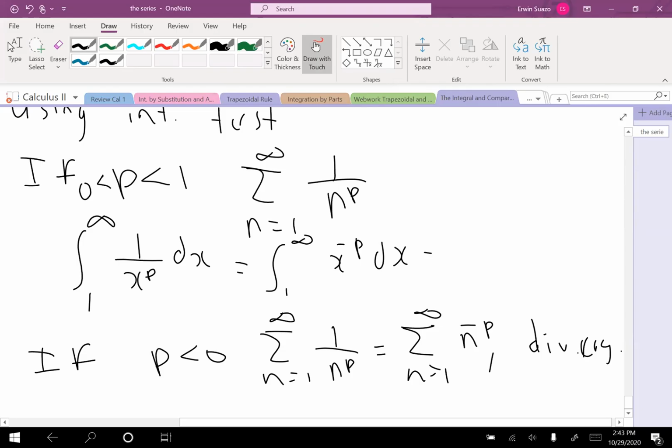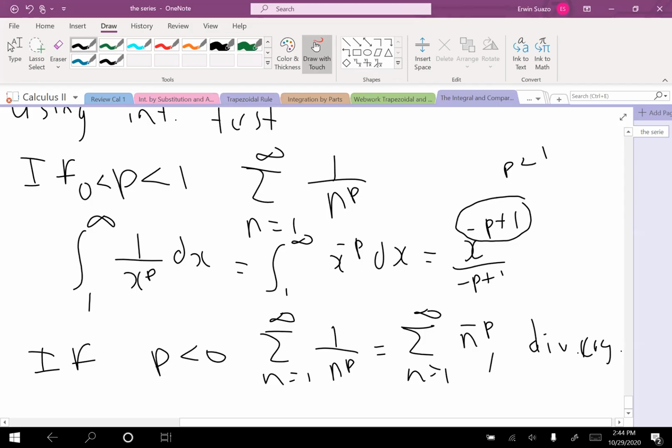And then I do my trick again, so I integrate x to the minus p plus 1 over minus p plus 1. But p is less than 1. Therefore, is this guy positive or negative? If p is less than 1, this guy is positive or negative?